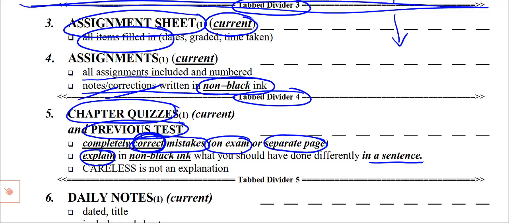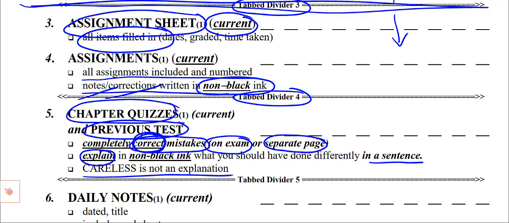You see what I'm saying? But if you say, I was careless, that gets you nowhere. So careless is not an explanation. I was stupid? Well, we already know that. So that's not an explanation.